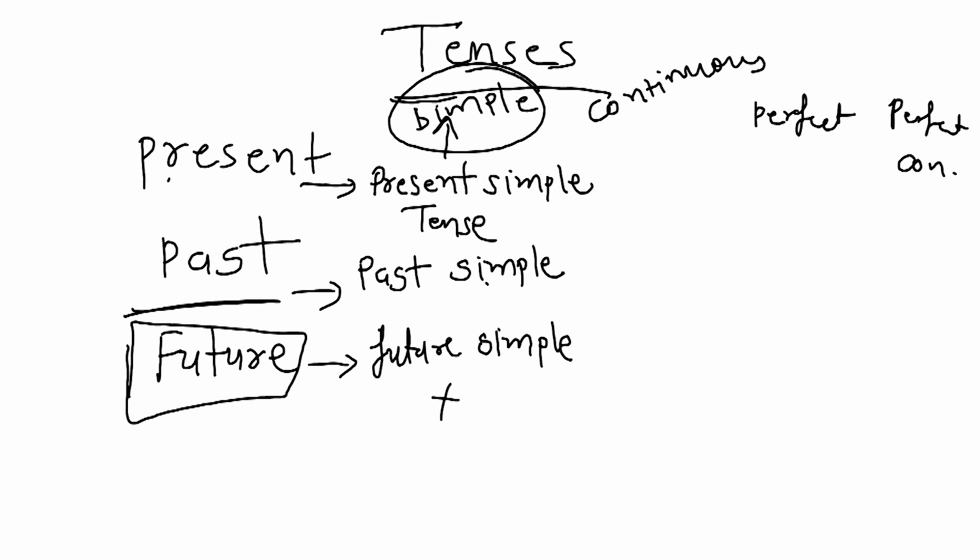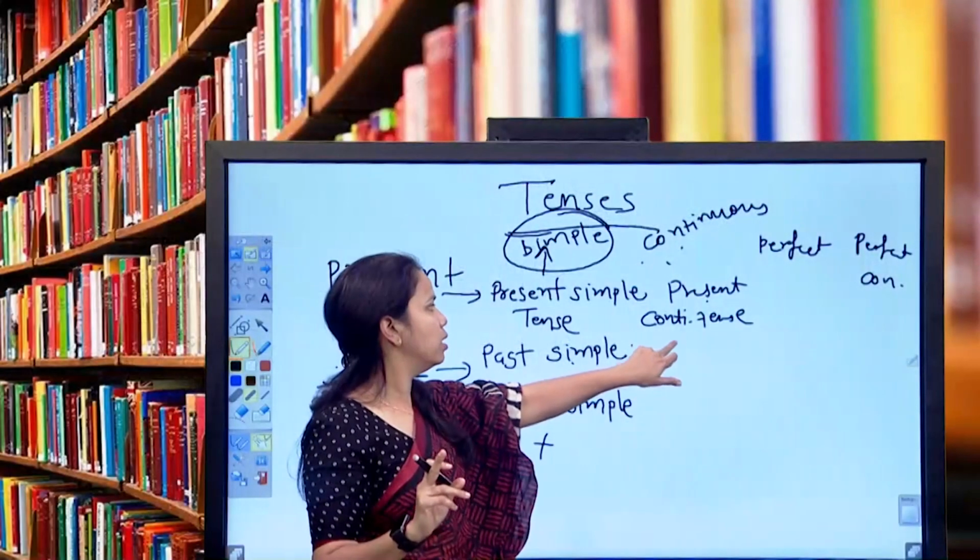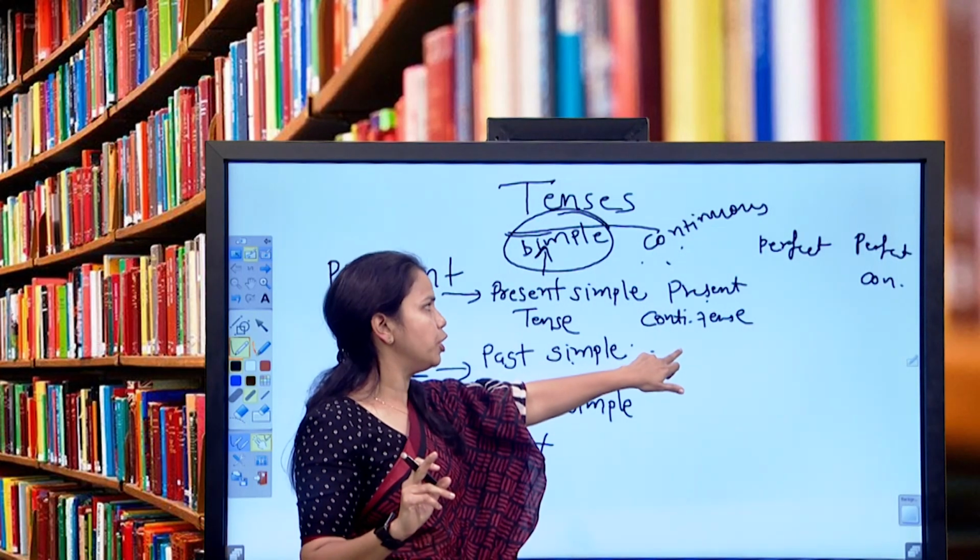Present time combines with continuous aspect to make the present continuous tense, right? In the same way, past time and continuous aspect make the past continuous tense.